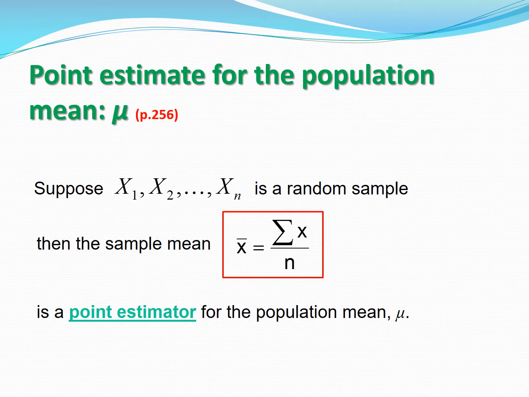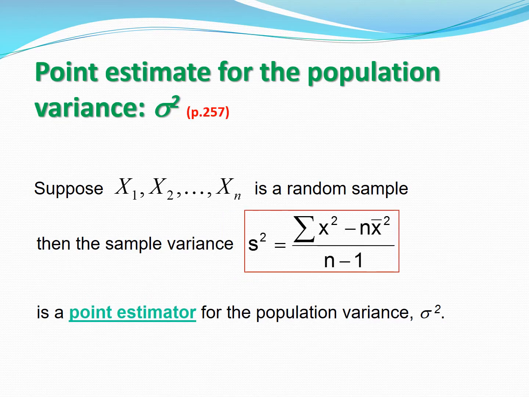So if you have a random sample with n elements, then the sample mean calculated with this formula, where you add all the values of the different elements and you divide by the total number of elements, will be the point estimator for the population mean. Or the sample variance given by this formula can be used as a point estimator for the population variance.